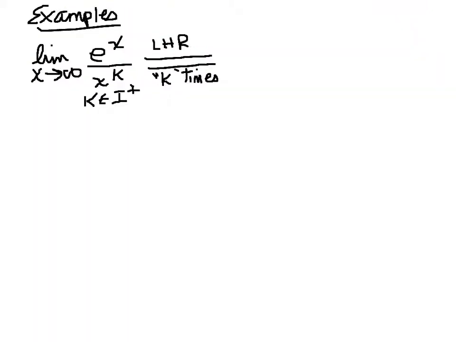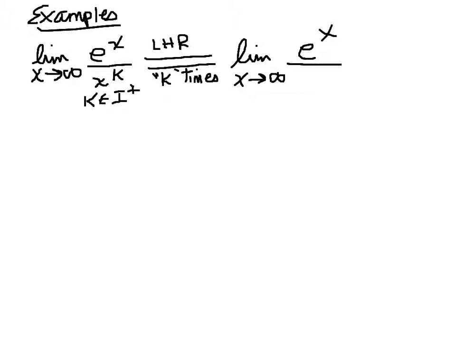So now we can tie up a loose end that's been hanging around for a while. Let's suppose we're looking at the limit as x approaches infinity of e to the x over x to the k, where k can be any positive integer. So in other words, this is basically representing any possible polynomial. In this case, imagine that we are going to apply L'Hopital's rule k times. If we do that, this becomes the limit as x approaches infinity of e to the x over k factorial, because you can take the derivative of e to the x as many times as you want, and you're going to get e to the x.